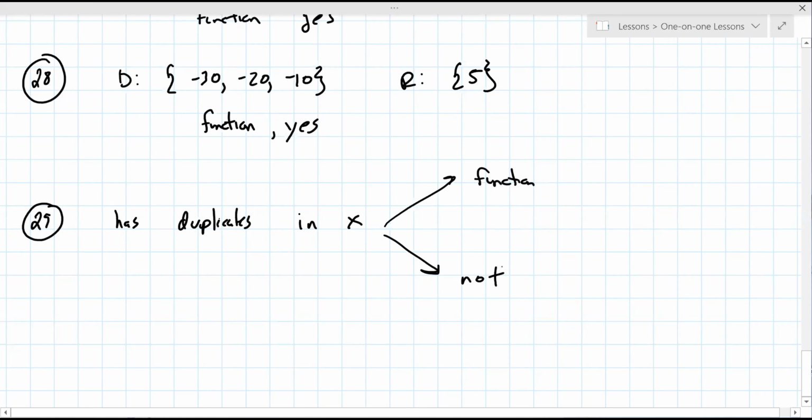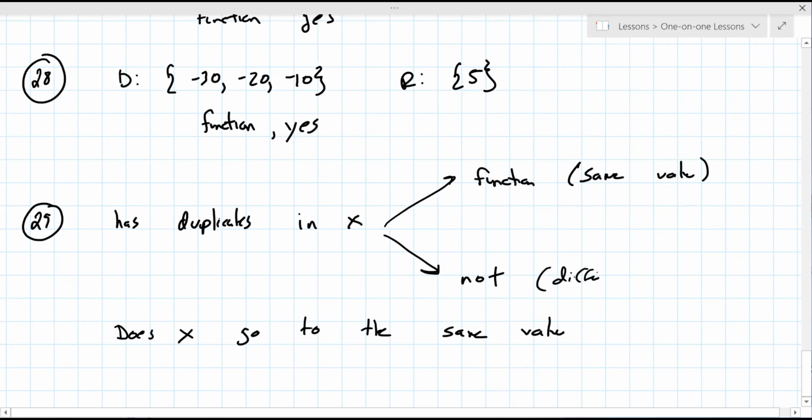Okay, and what we're looking for, and it's now a new question, is: does X go to the same value? That's what we're looking for. Is it a function, or does it go to a different value? It's a different value.